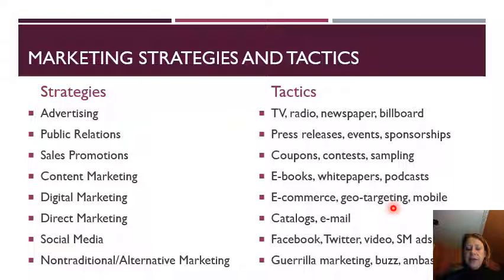Digital marketing is anything digital, and not just on a computer that we have right here in front of us, but also mobile. And it can be geo-targeting, which is a new cool thing, and just a variety of digital tactics available. Direct marketing could be things like catalogs or sending out weekly emails, something like that. Social media is a big thing, of course, and it can be any type of platform: Facebook, Twitter, Instagram, YouTube, sharing videos on different things, on Facebook Live, some things like that.